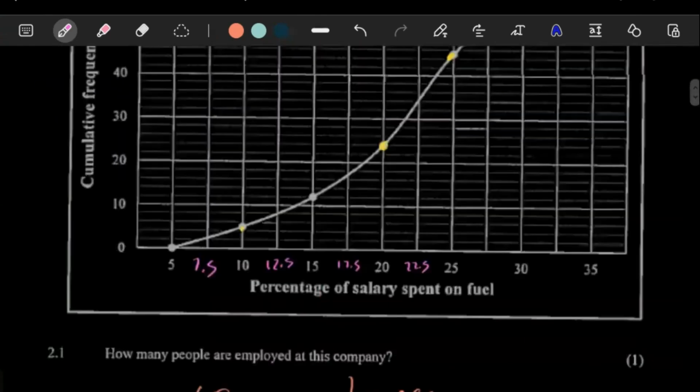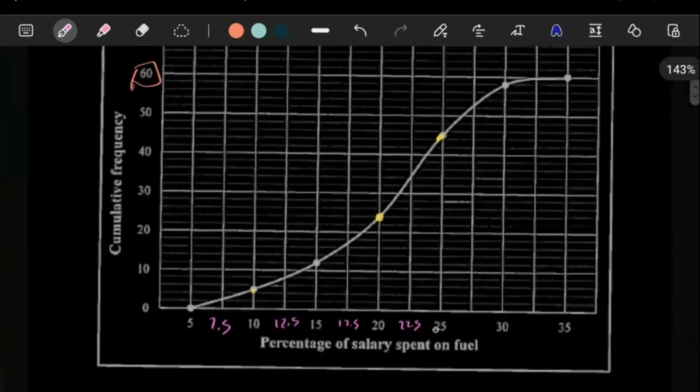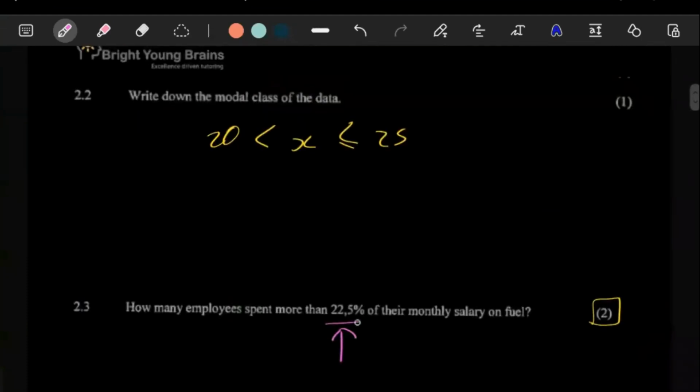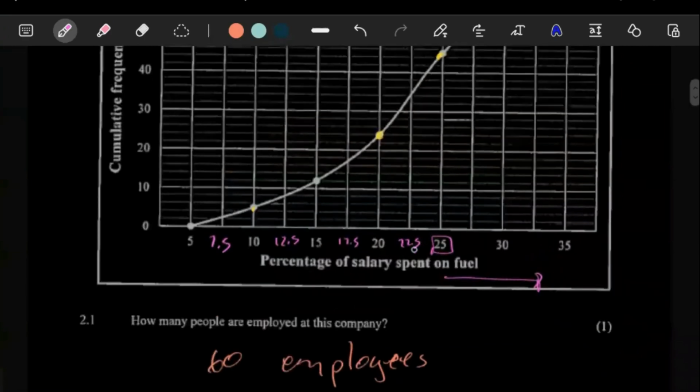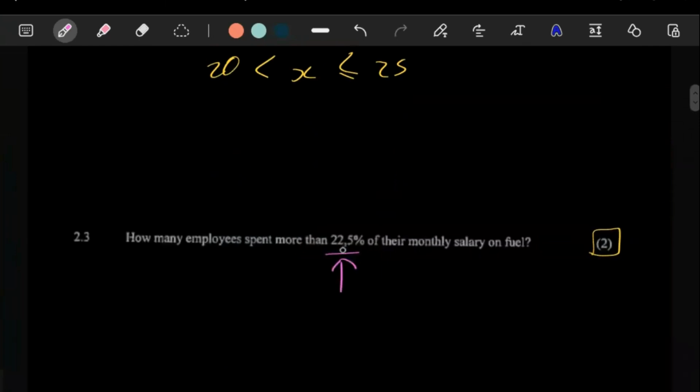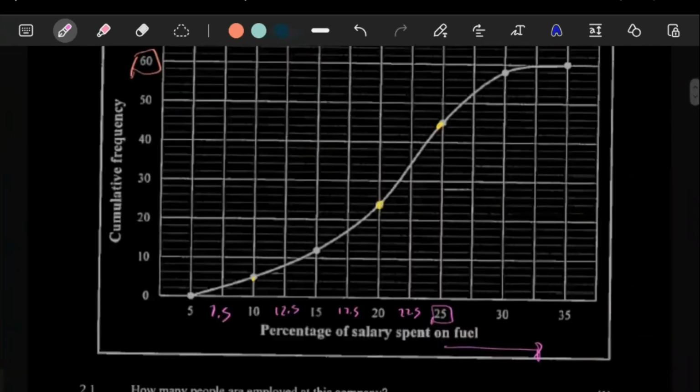So those people, it's going to be people that are from 25 going onwards to where the end is. The reason they're mentioning 22.5 here is because they're trying to tell you which class interval should be your starting point. So they want everyone above 22.5%. So those people, you're going to start here. You're going to need to estimate though. This value seems like it's in the middle here.